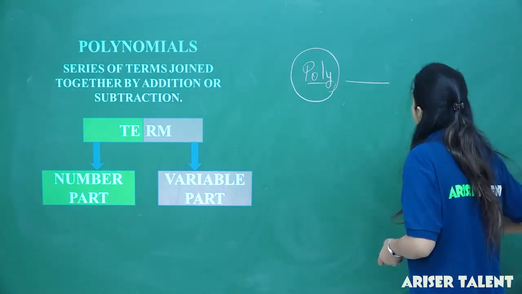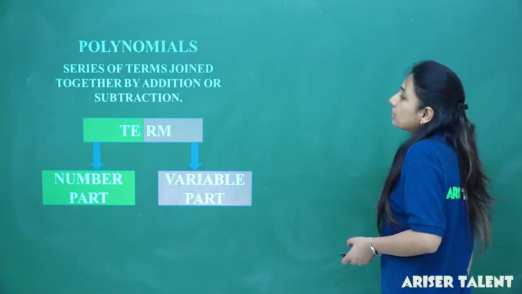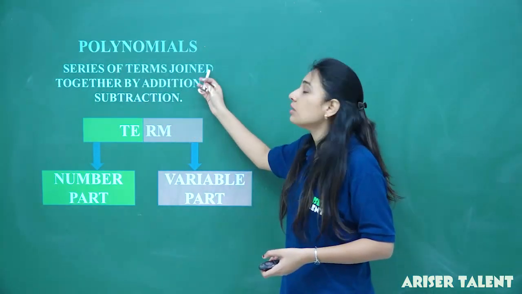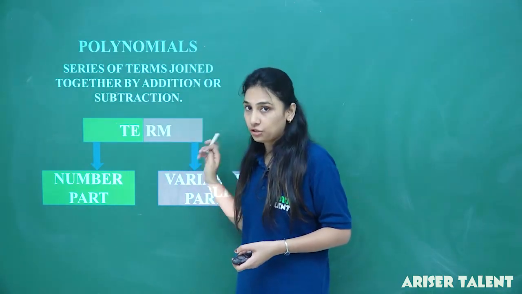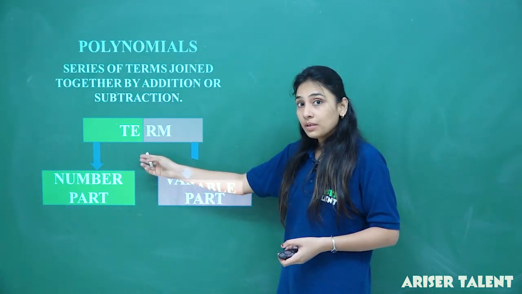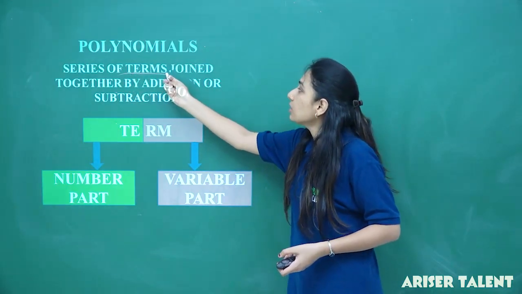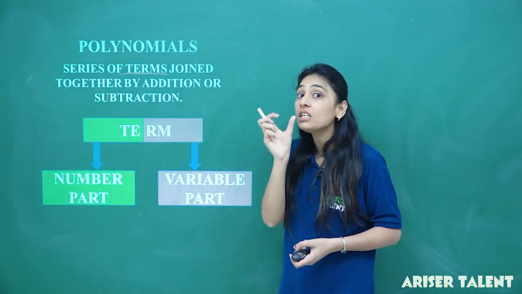Polynomial, when we study this in mathematics, we call it a series of terms joined together by addition or subtraction. Okay. I am saying series of terms. Now the question arises, what is a term? What is the meaning of a term?